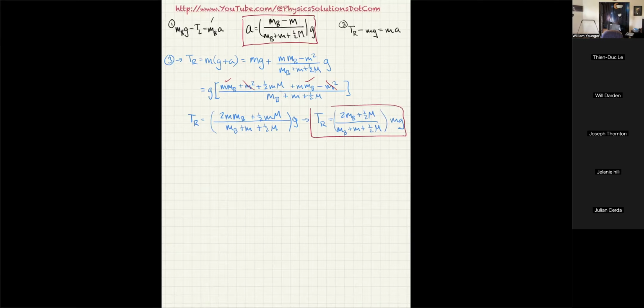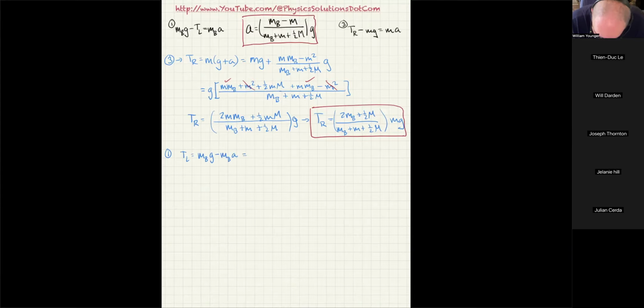So that's our tension in the right, and now all I got to do is use a similar technique to solve for the tension in the left. This line wasn't supposed to be there, so I'm just killing that. So let's now try to calculate T left. So from 1, I can see that TL is going to be equal to MBG minus MBA.